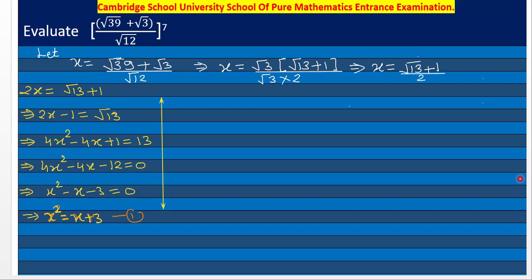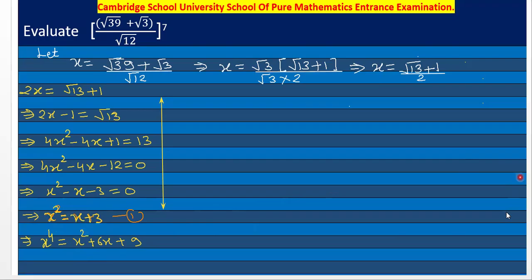Now, further squaring the left hand side as well as the right hand side, we have x power 4 on the left hand side, and the square of x plus 3 is x square plus 6x plus 9. But in place of this x square, we can write x plus 3, because the value of x square is x plus 3. So we can replace x square by x plus 3.